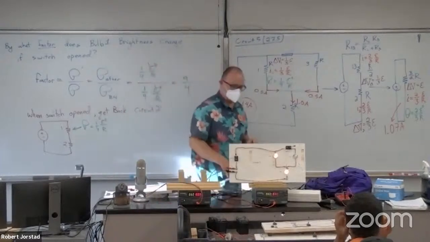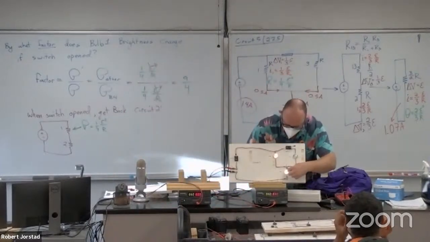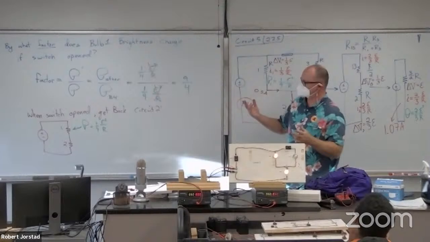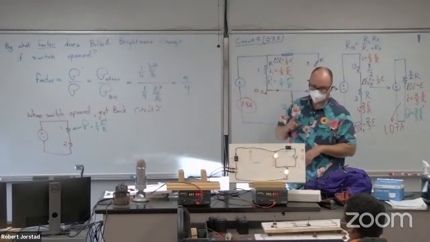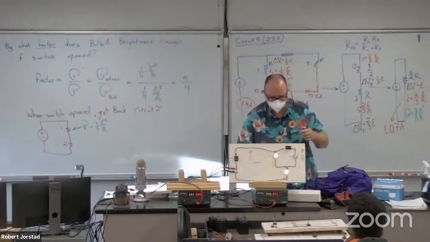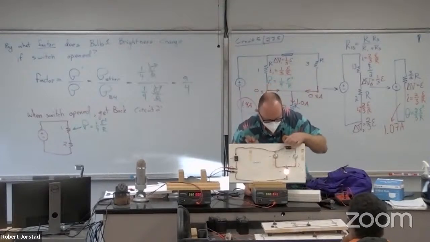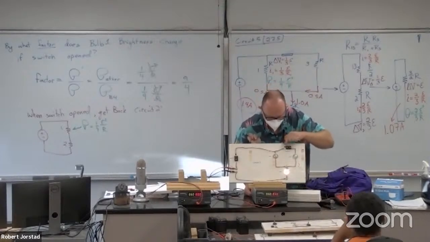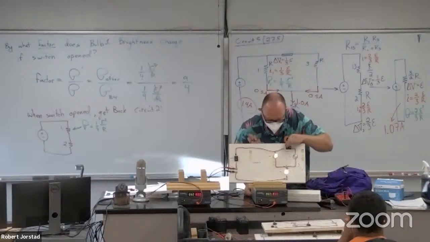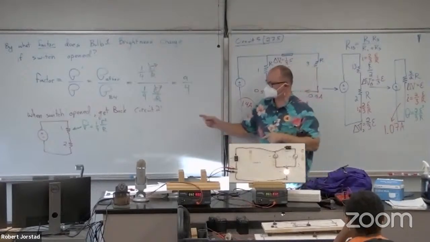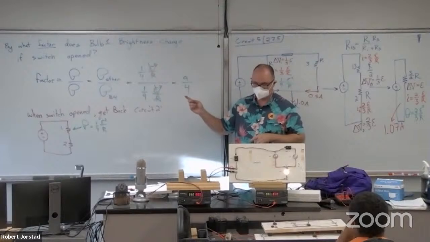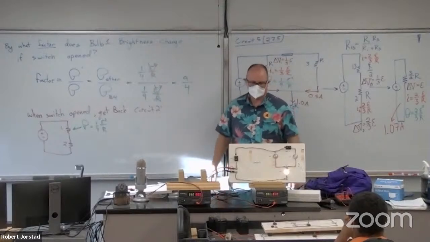To be clear, what's happening to the brightness of the lower bulb? How about if we did the same equation for bulb 2? Would it get brighter or less bright? Right, take a look at the brightness. Right, as I open this, it dims. What would you expect to be true for the factor? Positive, negative, bigger than 1, less than 1. What do you think?